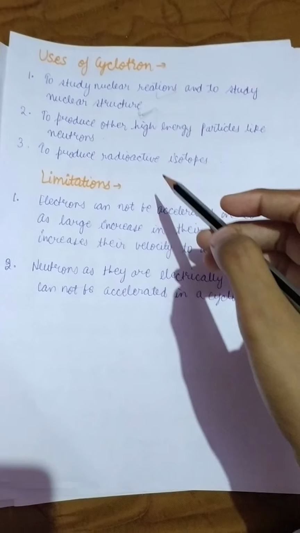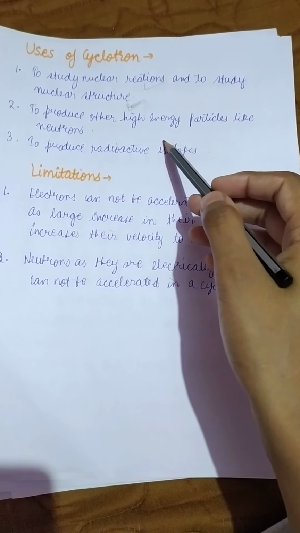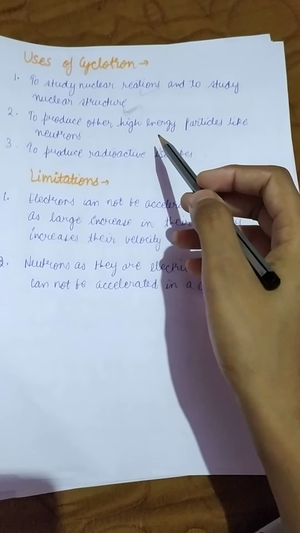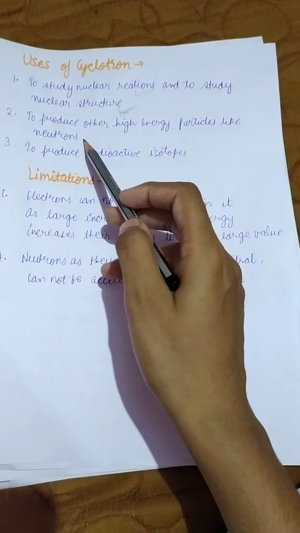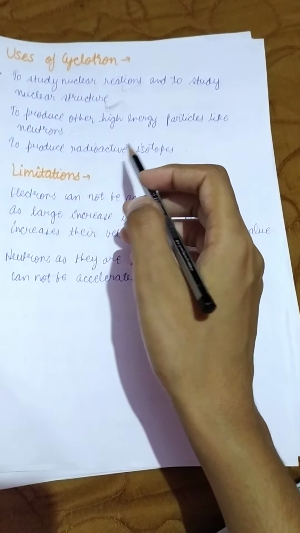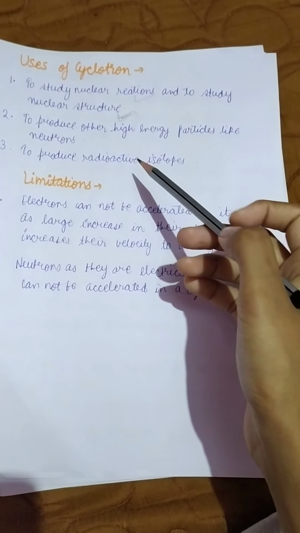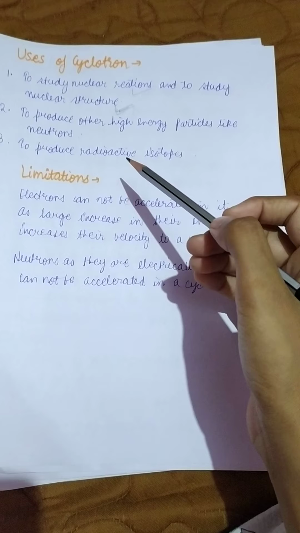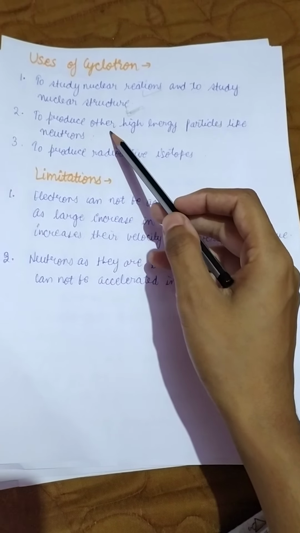Secondly, the cyclotron is used to produce very high energy particles, like neutrons. These high energy particles are produced by the bombardment of very high energy particles.